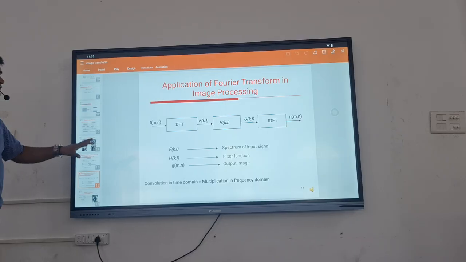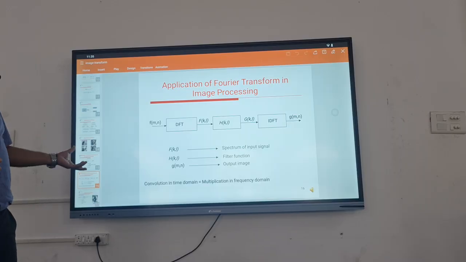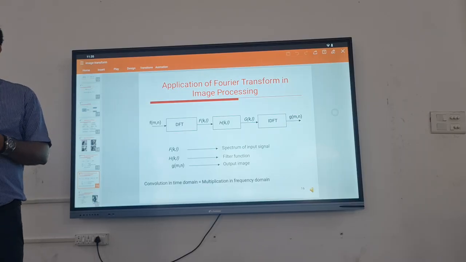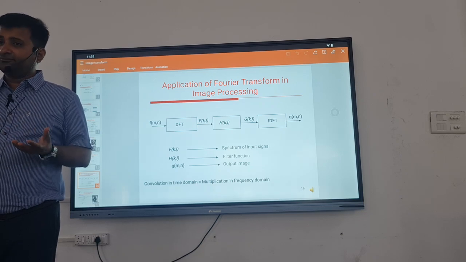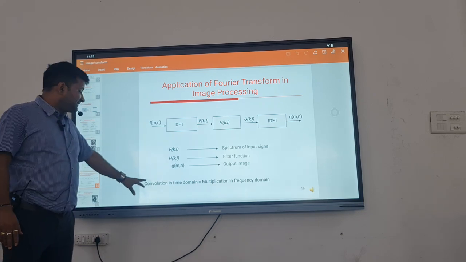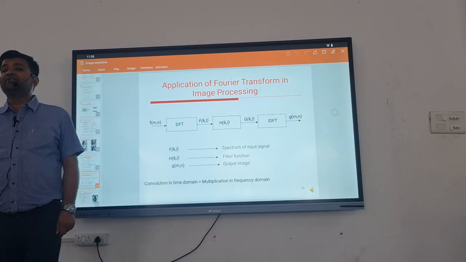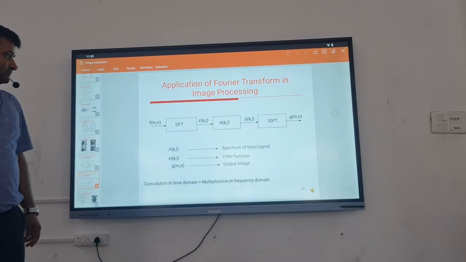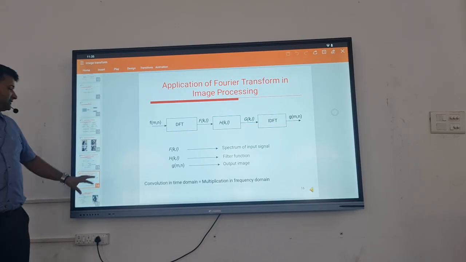Means the use of the Fourier transform is that the mathematical computation is easy. For example, in the time domain, it is a convolution. In the frequency domain, this is the multiplication. This is the basic beauty of this domain.